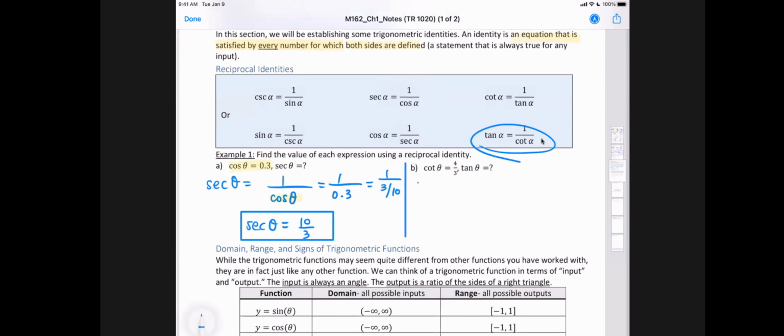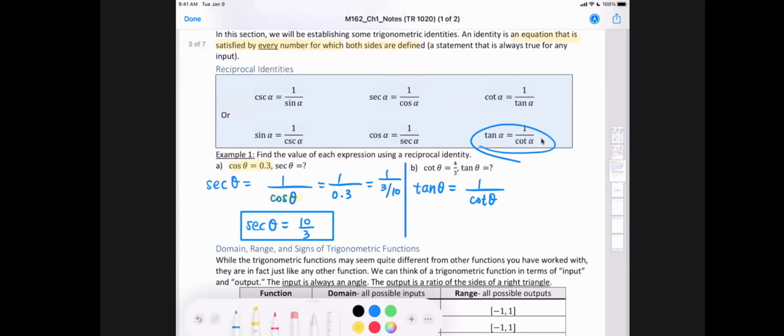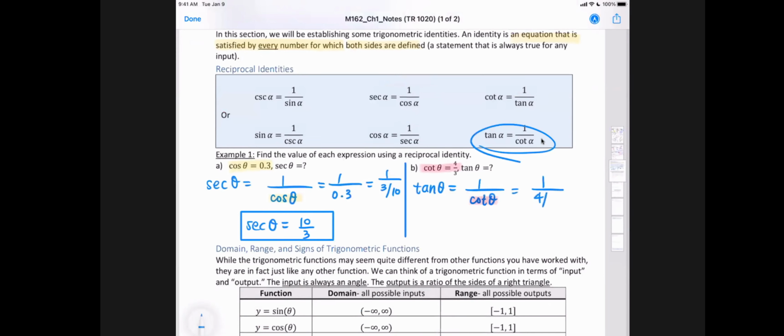Tangent of theta by the identity is 1 over cotangent of theta. Since we know that the cotangent of theta is 4 over 3, we'll substitute the 4/3 in for cotangent in the denominator, and then simplify it. So tangent of theta is 3/4.